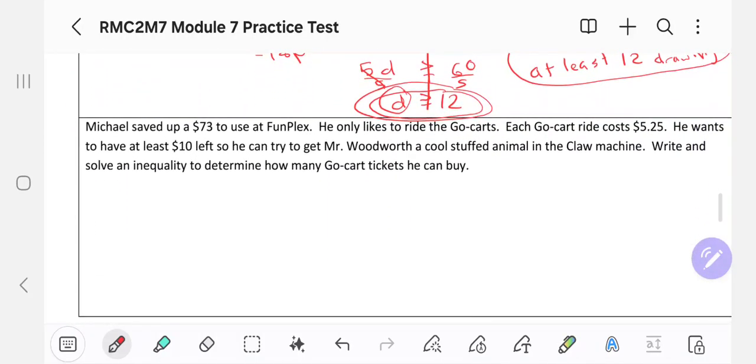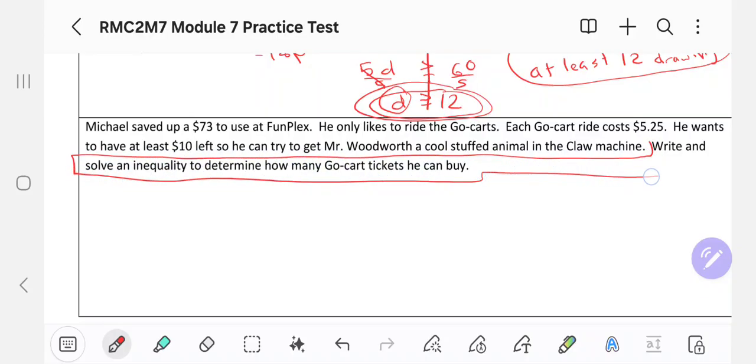Let's move on to, let's see, who do we have here? Michael. I think I made a mistake here, oh no, it's right on this page. All right. Well, we read it once and then we look and see what do we have to figure out and find. Okay, what's our target here?